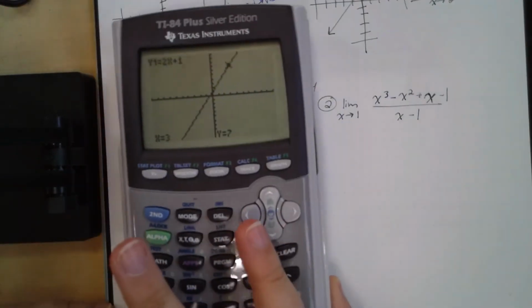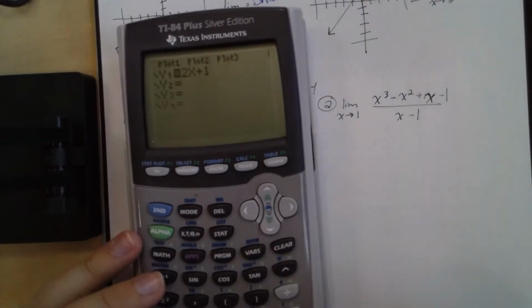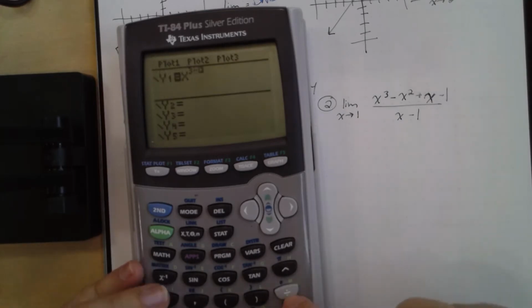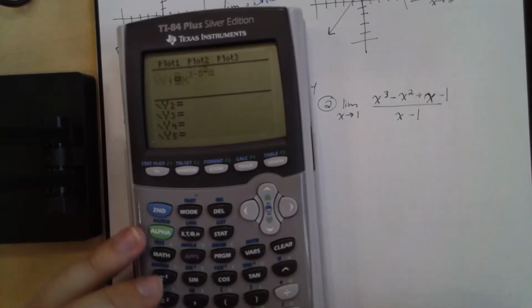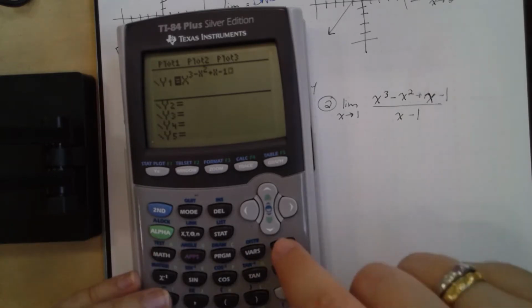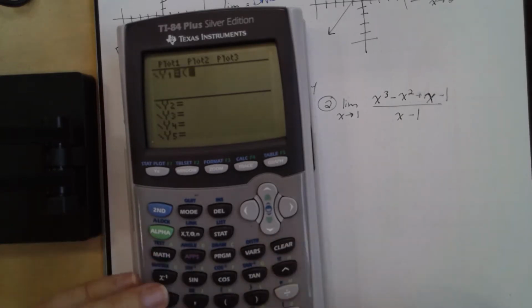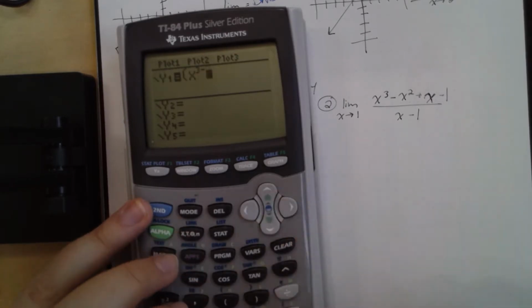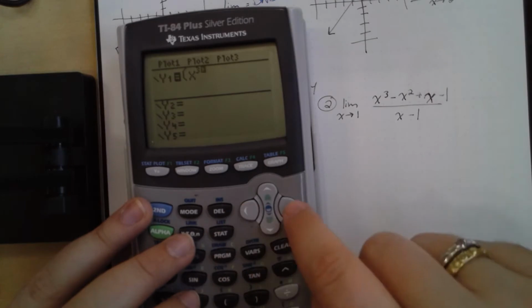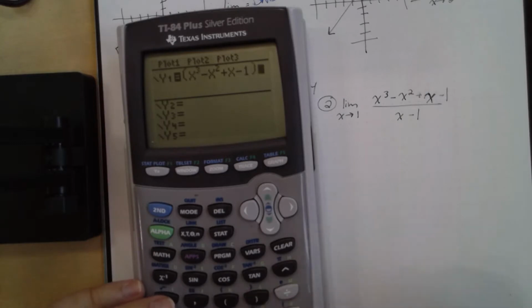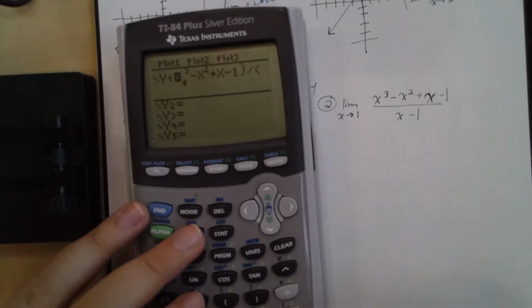So let's do our second example here. If I go to y equals, I have x cubed minus x squared plus x minus 1, divided by x minus 1.